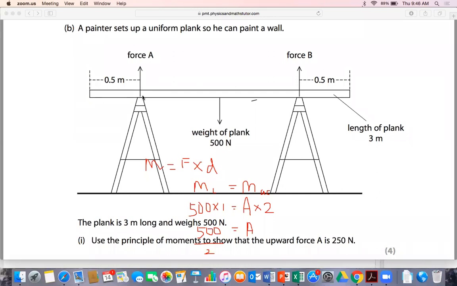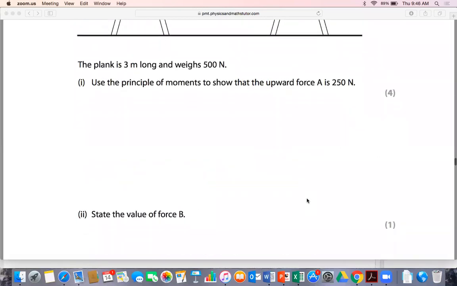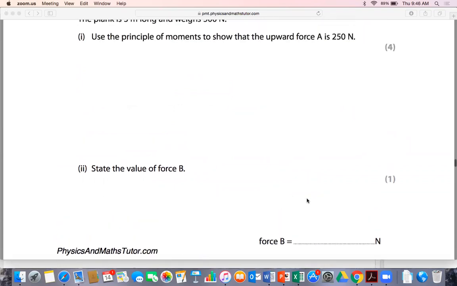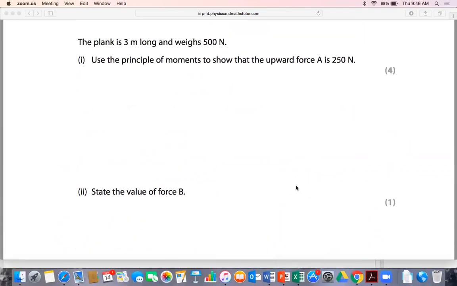Okay, state the value of force B. 250. Okay, A is 250, B is also 250.